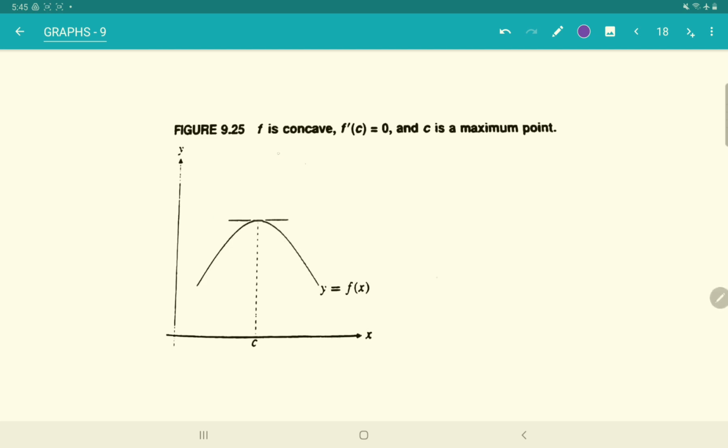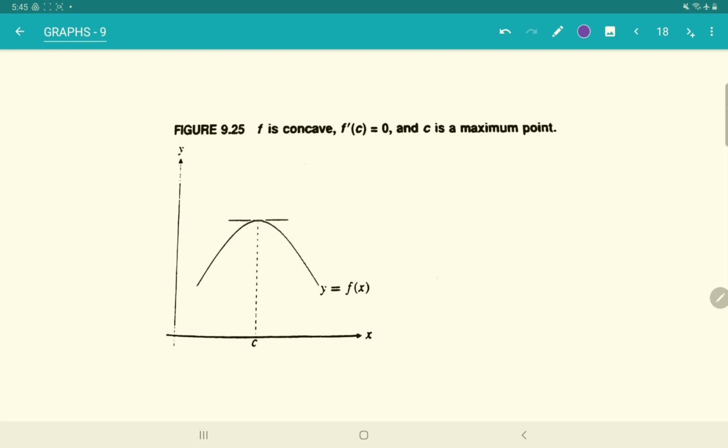You have f, which is a concave function in the interval I. You have c, which is a stationary point for f in the interior of I. That means f prime c is equal to 0. That just means c is a maximum point for f in I.